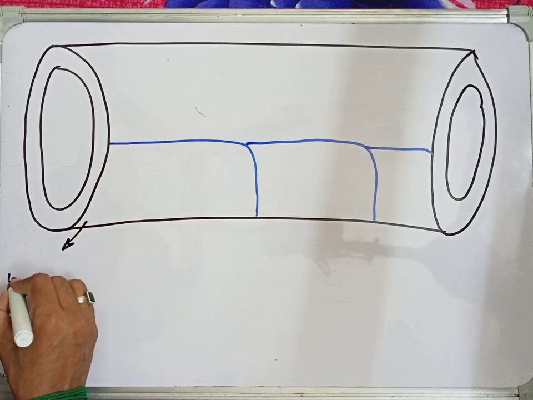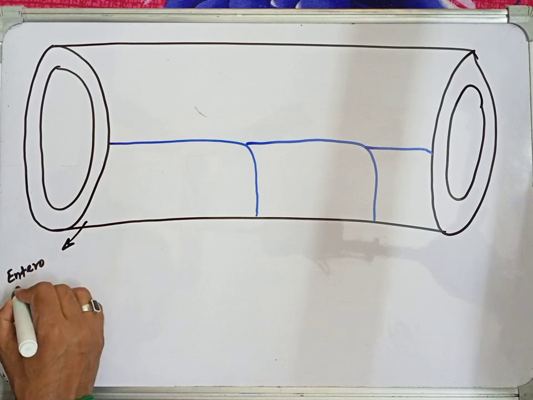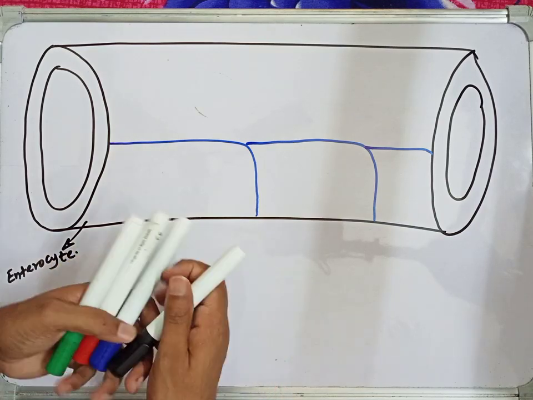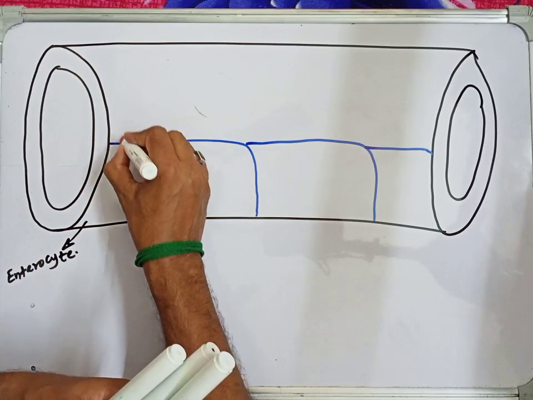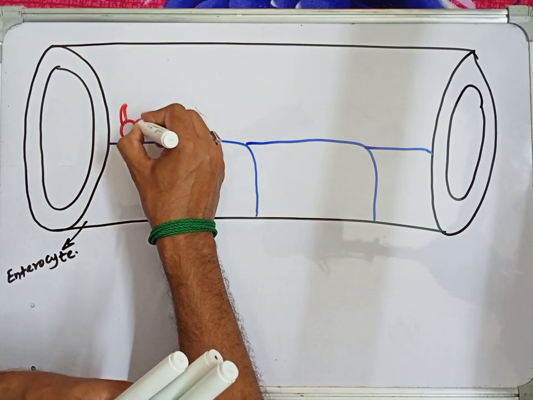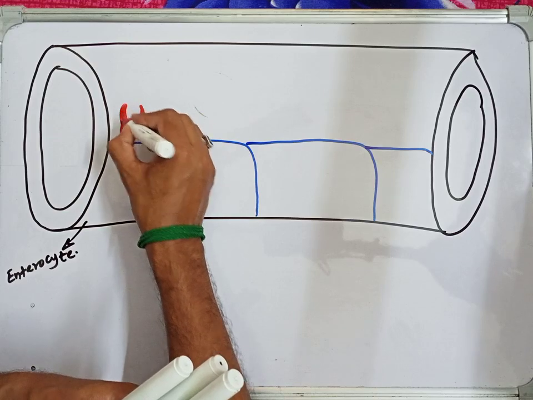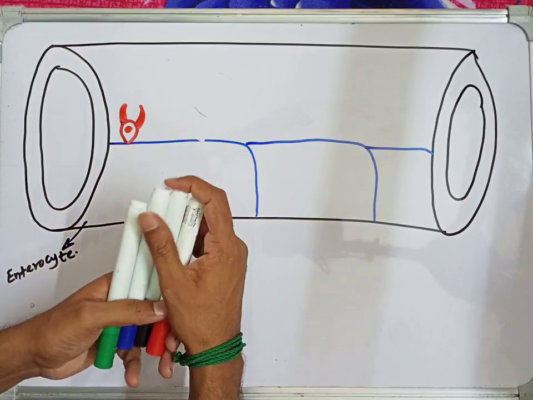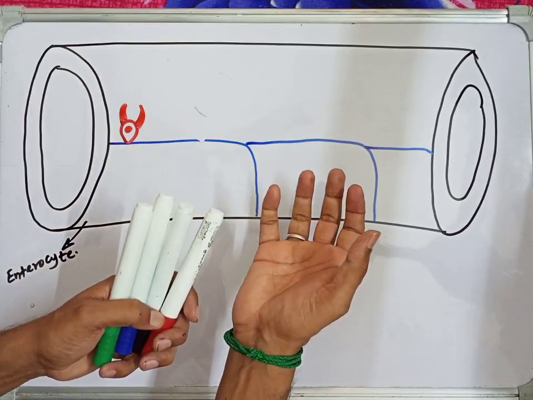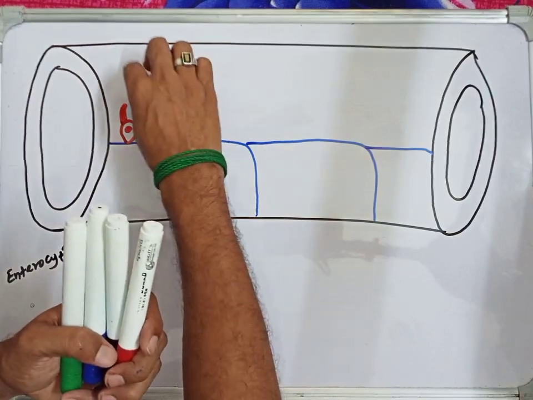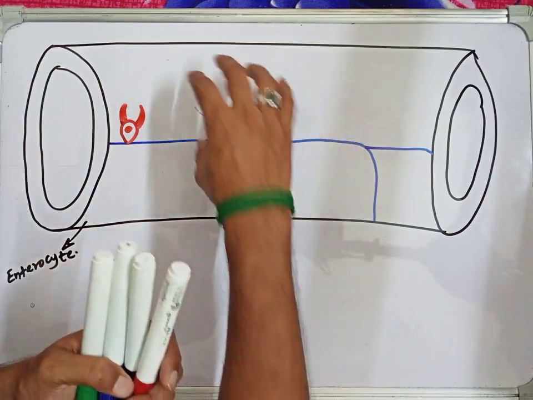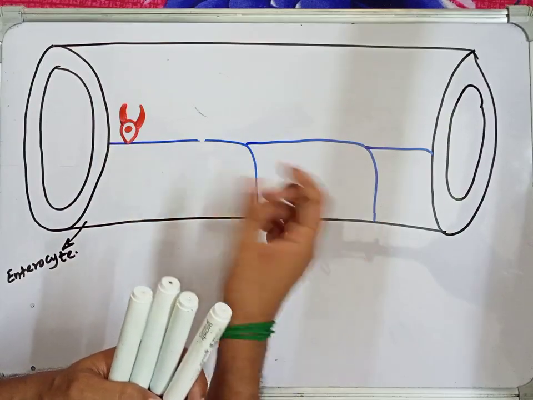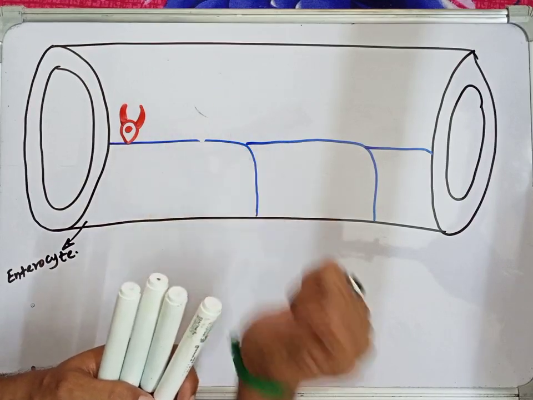I already mentioned the enterocyte, right? And again, the enterocyte is responsible for containing a champion enzyme that is called enterokinase, and this enterokinase is responsible for activation of trypsinogen into trypsin, and further trypsin activates the next pancreatic enzymes, that is chymotrypsinogen into chymotrypsin, and procarboxypeptidase into carboxypeptidase, right?